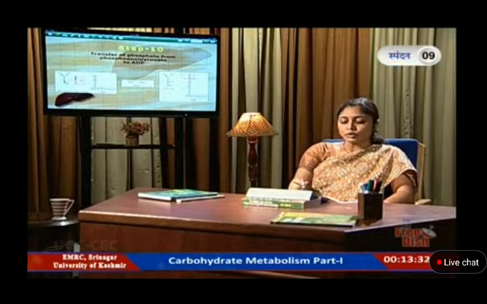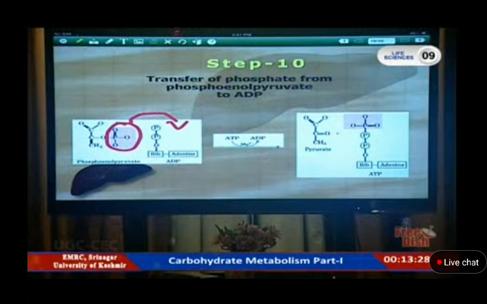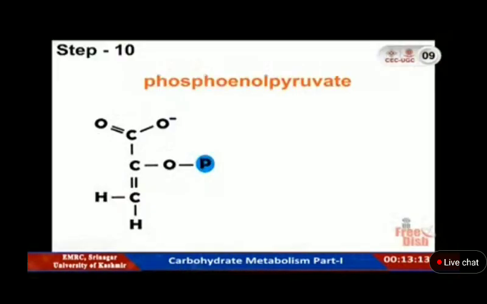In the last step of glycolysis, the last phosphoryl group attached to phosphoenolpyruvate is transferred to ADP to form ATP. So this is the last step of glycolysis, where a second molecule of ATP is generated, and actually from two molecules of phosphoenolpyruvate we get two molecules of ATP.